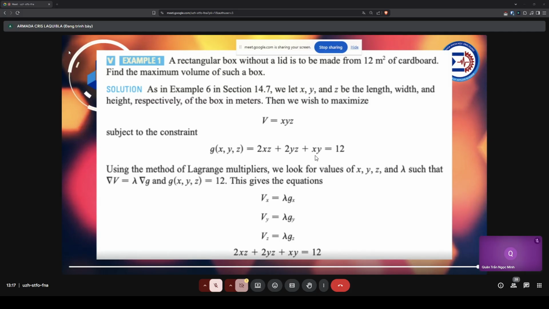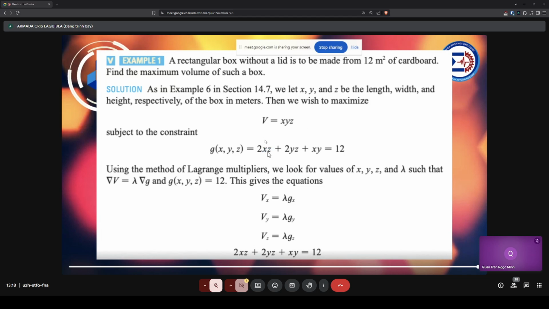If this is your length x, and this is your z, then we have this rectangle here and this rectangle here. So you have two of your xz, so it's 2xz.